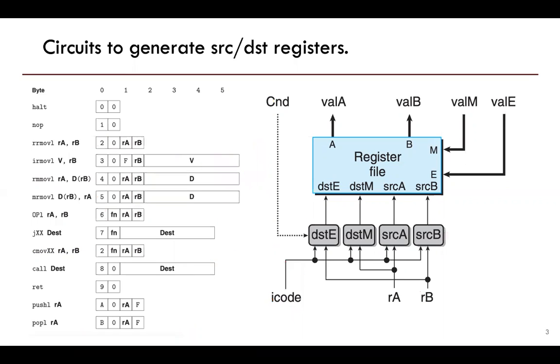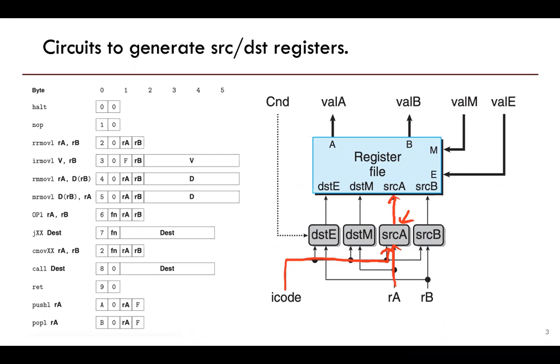Let me clear this out, and then let's play with one more, source A. This source A circuit takes the RA register ID and the I code, and the output goes to source A. Same reason: since it is the input for read, we need to find the instructions which need to read the source RA register.